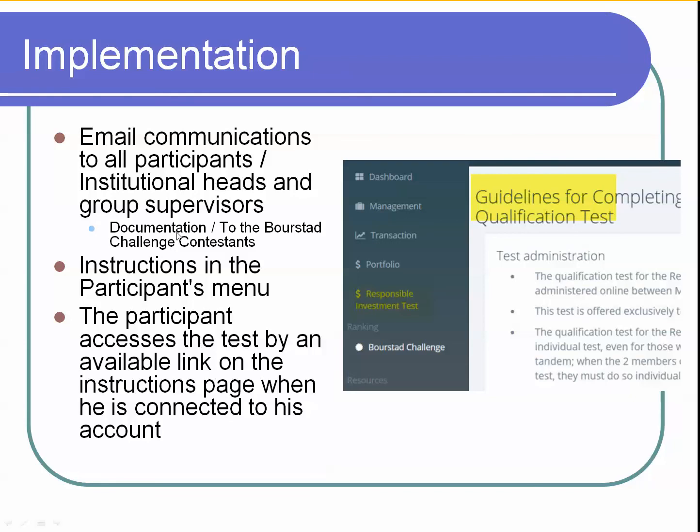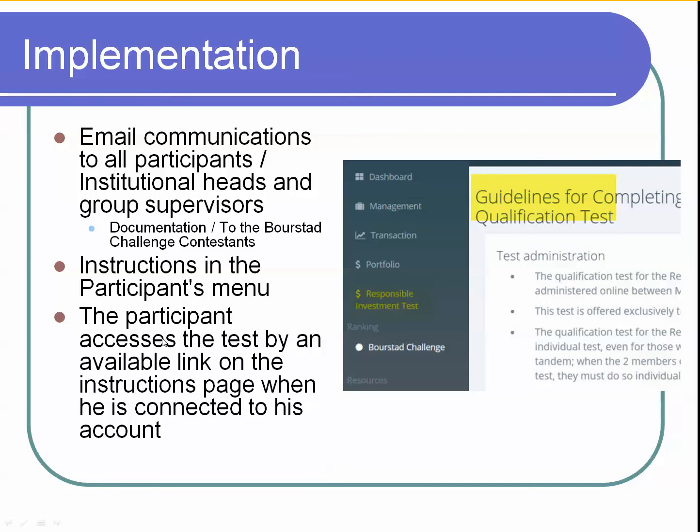So that's documentation to the Bourstad Challenge contestants, and the title is 2003-13 Invest Socially Responsible Investment Component. So you'll find it easily in the documentation. There is in the menu instructions for the responsible investment test. You see it here highlighted.